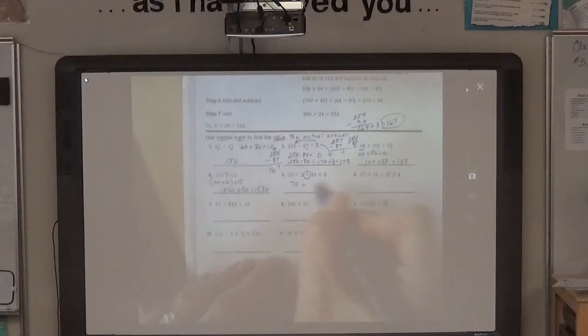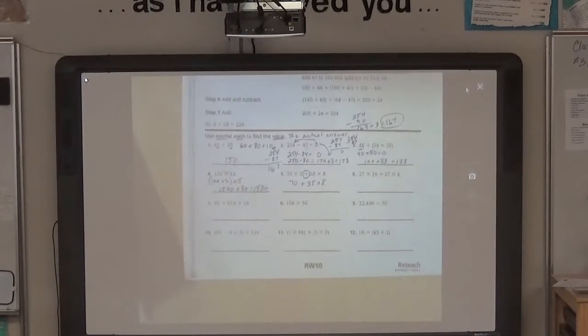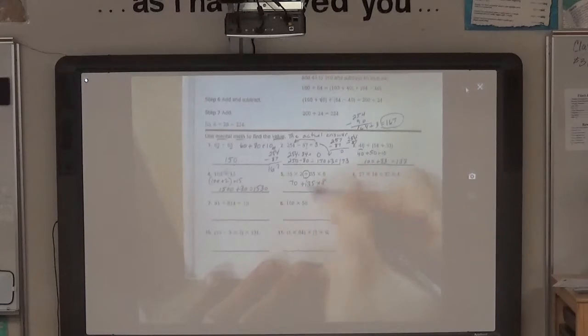Plus 35 times 8. So getting 70, that helps. What else? We could get 105 and then multiply it by 8. Well, but we have to multiply first because of the order of operations.